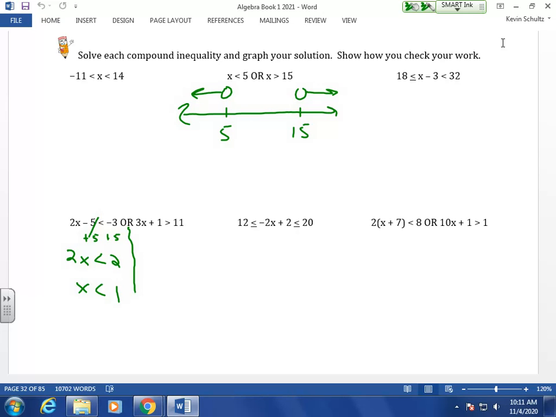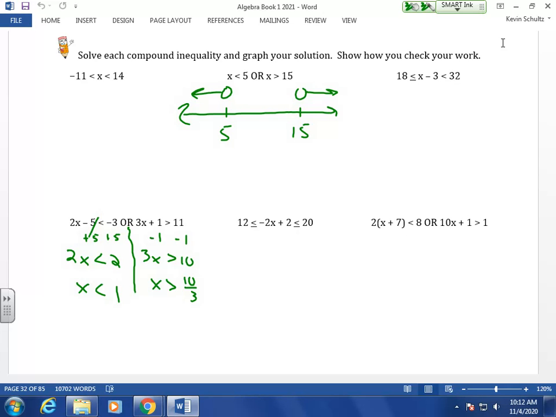On the other side, things don't work out quite as cleanly, but it's still not that bad. Subtract 1 from both sides. We get 3x is greater than 10. Divide both sides by 3 to get x by itself. And there's no reason not to leave this in fraction form, just 10/3. Okay, 10 divided by 3 doesn't work out evenly, but 10/3, that fraction, is a perfectly legitimate value to have.